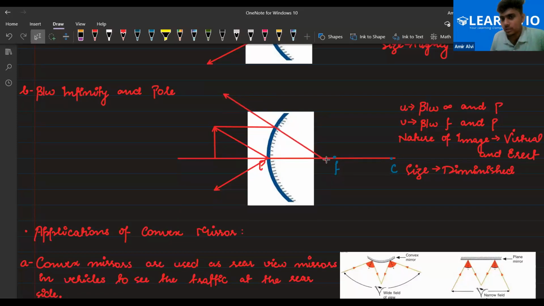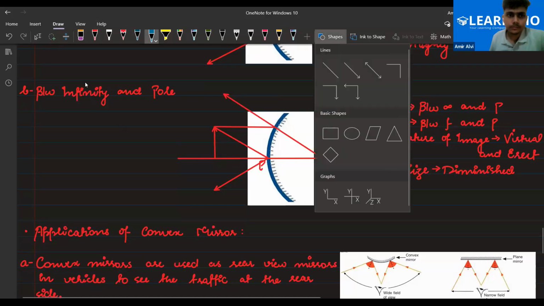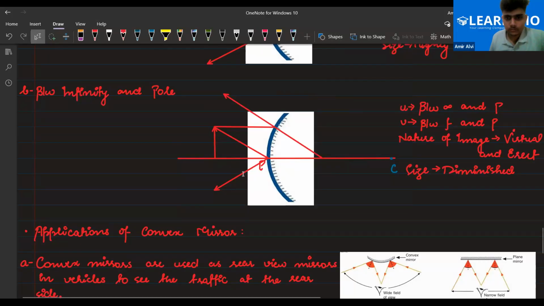Okay, let me correct it a little bit. If I extend them, over here you can see that this is the focus.